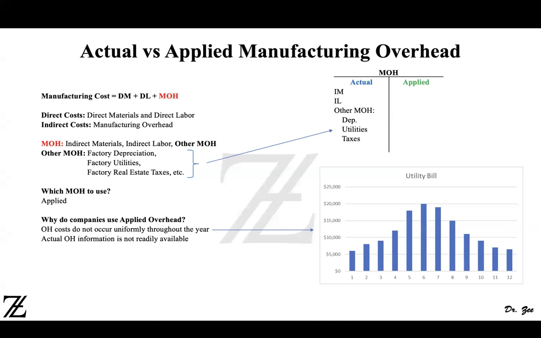So either you have to wait until the end of the month or whenever your utility bill arrives, then you can calculate the overhead cost. So for that particular reason also, companies use a predetermined overhead rate and apply that to calculate the manufacturing overhead. So they can use it at any given point in time whenever they need that information.